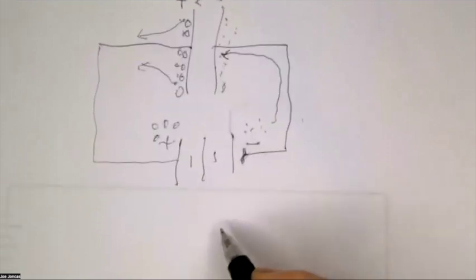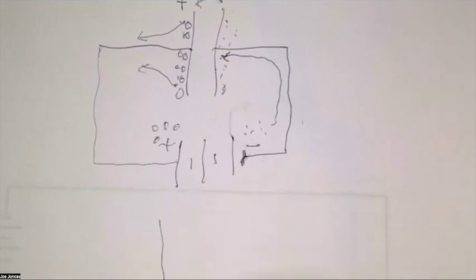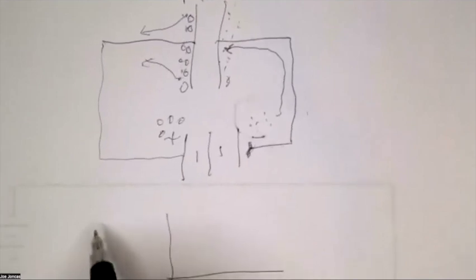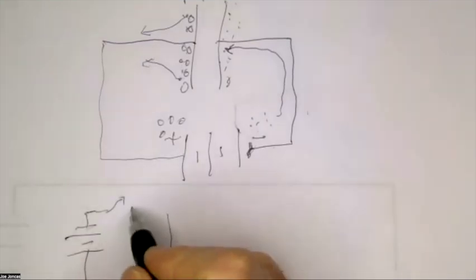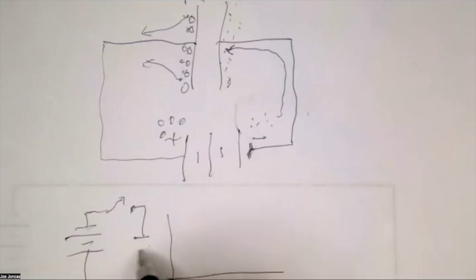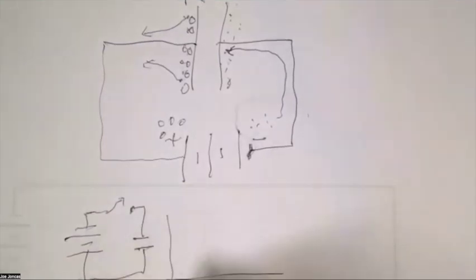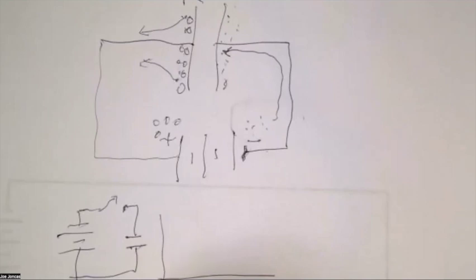That is correct. If we look at this in time, if we have a battery, a switch, and a capacitor like this, if the switch is open, this is 0 time here, and this is 0 volts.